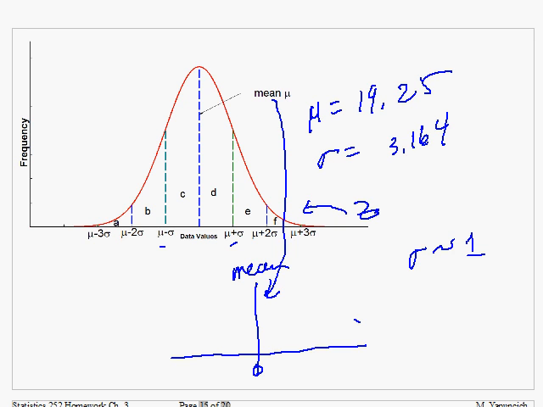So it takes this and puts it into a standard-looking curve. It just moves it over here, but it rescales so the sigma becomes 1 and the mean becomes 0. And that allows you to do those calculations.